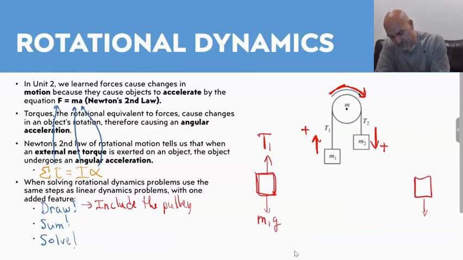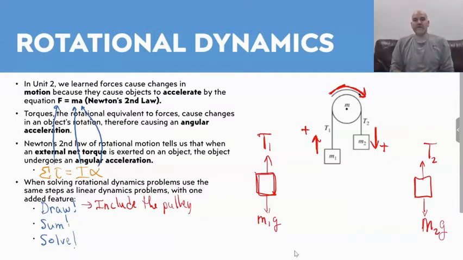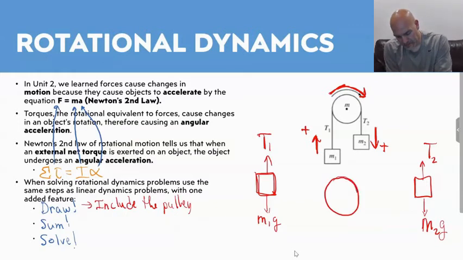Okay, and now if I draw for M2, these are going to be more of our traditional looking free body diagram pieces. Now we throw in the third piece, which is the pulley. So T2 is heading down.